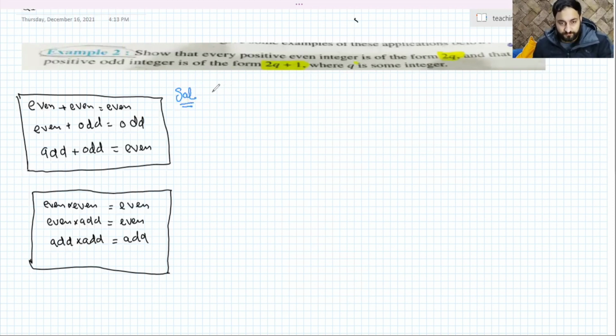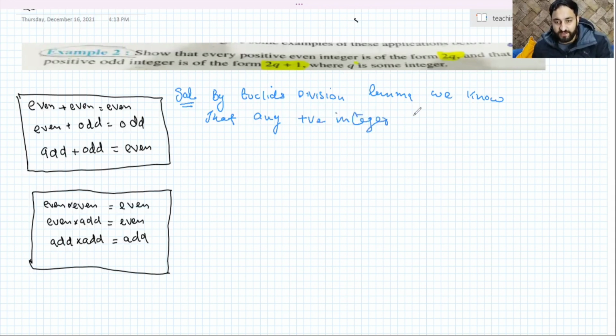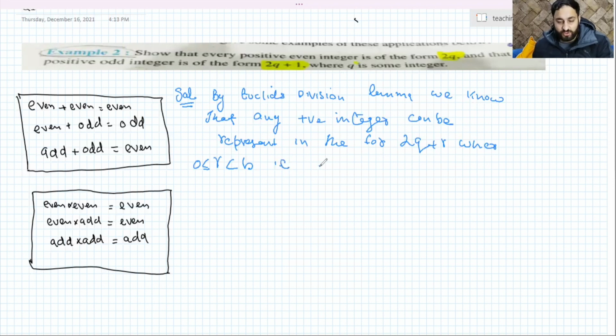You write first of all, by Euclid's division lemma, we know that any positive integer can be represented in the form of 2q plus r, where r is greater than or equal to 0 and less than 2. That is 2q and 2q plus 1.